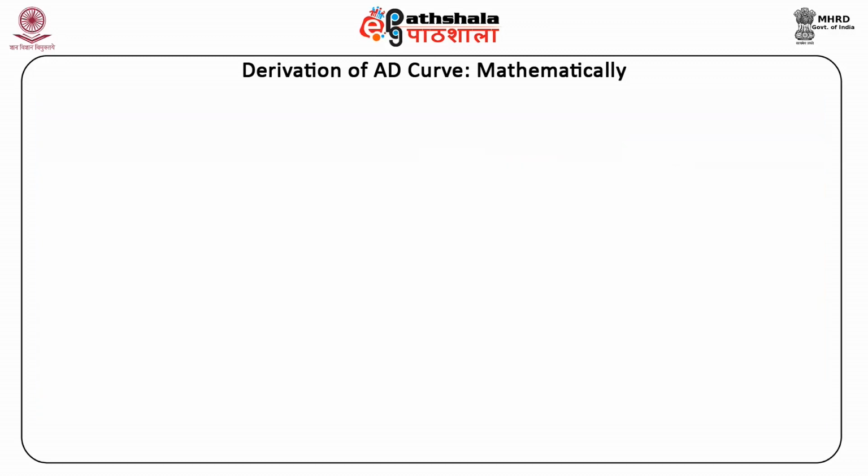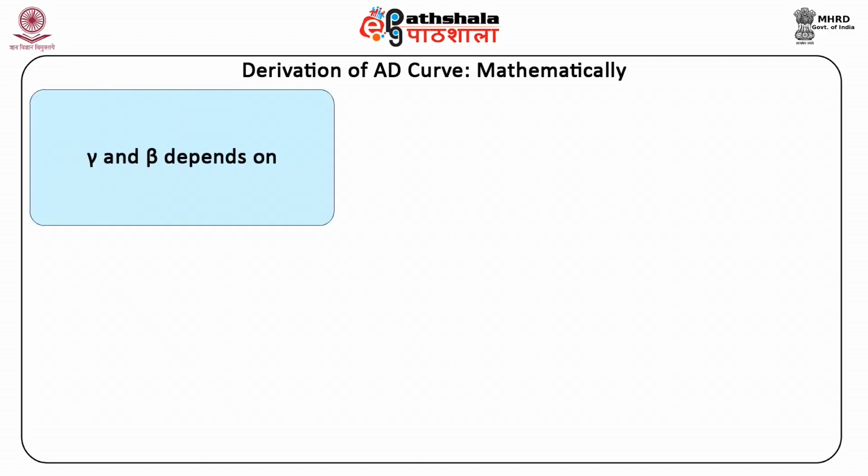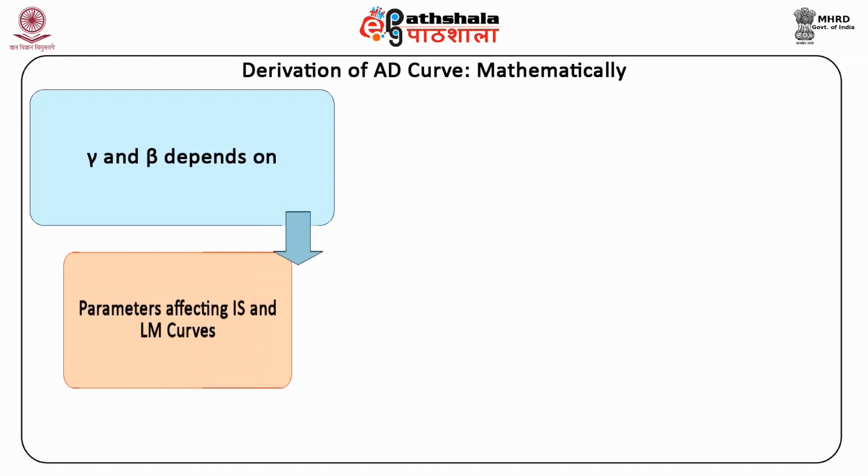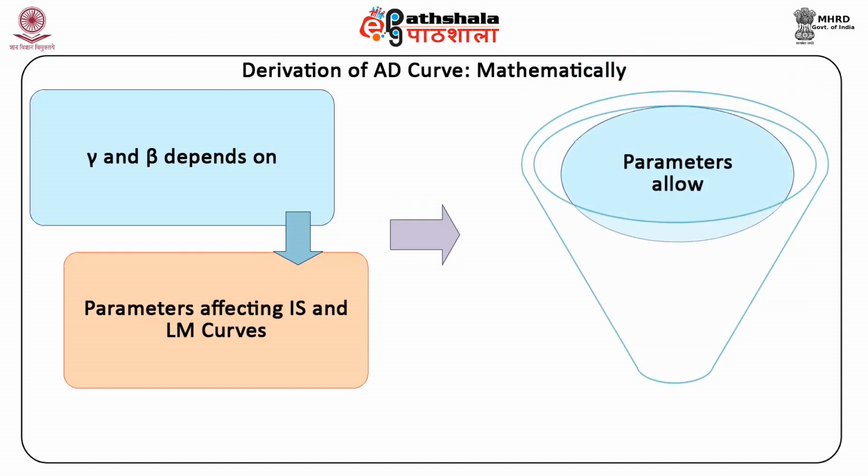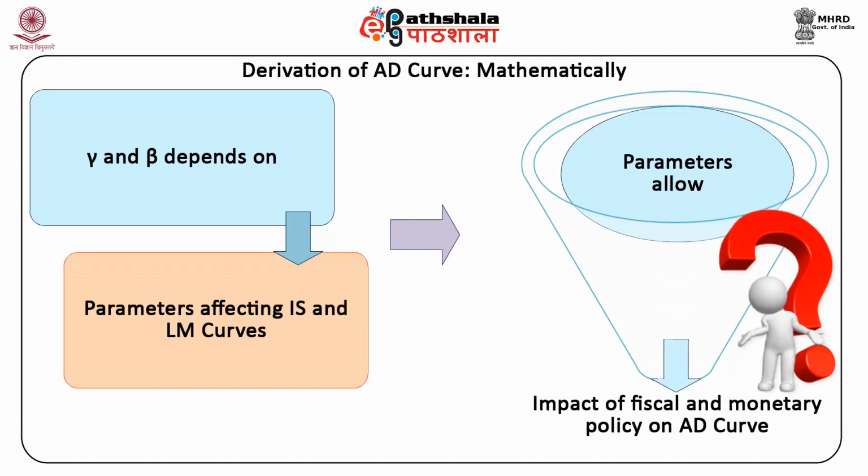The parameters γ and β are constants which depend on the parameters that affect the IS and LM curves. These parameters allow us to see the impact of fiscal and monetary policy changes on the aggregate demand curve.